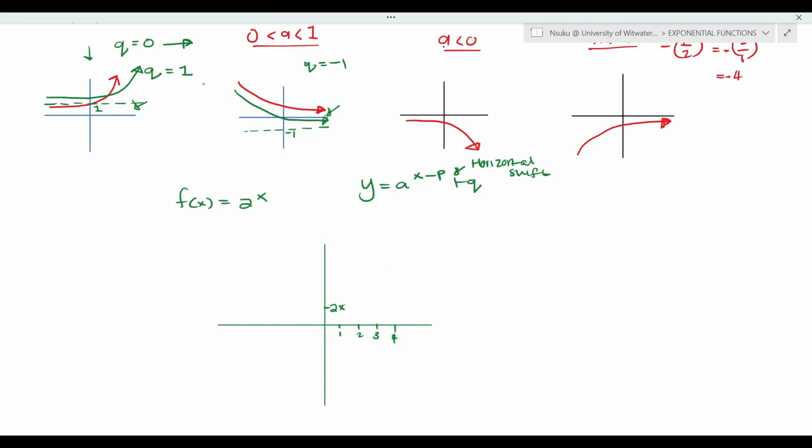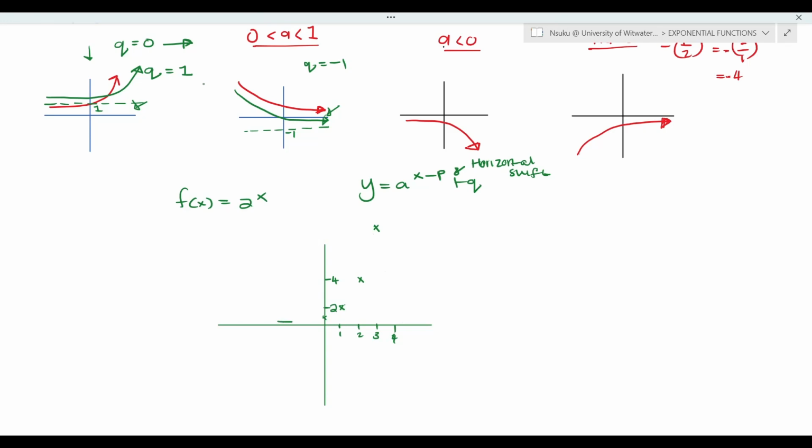When x is 2, y will obviously be 4, so our point will be somewhere here. When x is 3, our y value will be 8, so that will be somewhere around there. When x is 0, y will be 1, so that's where our graph will intercept.